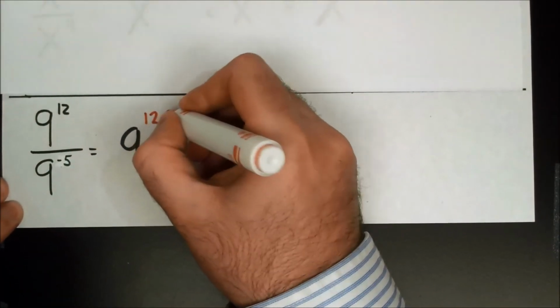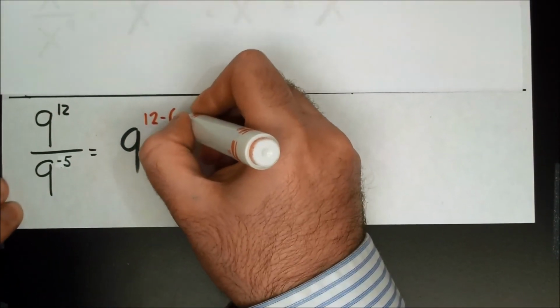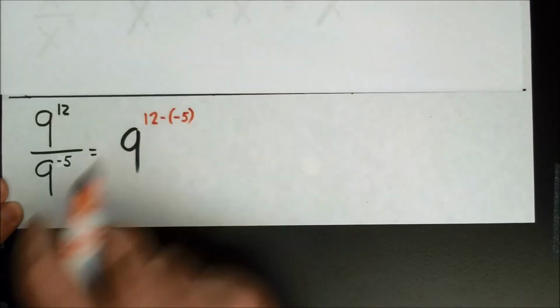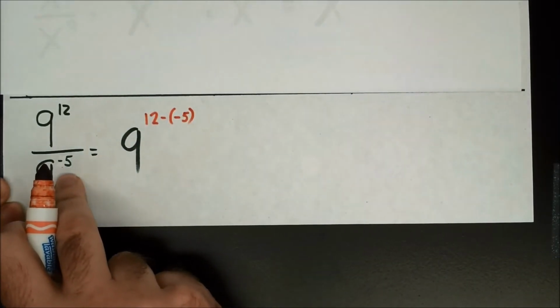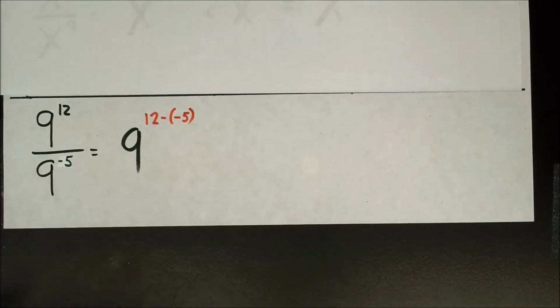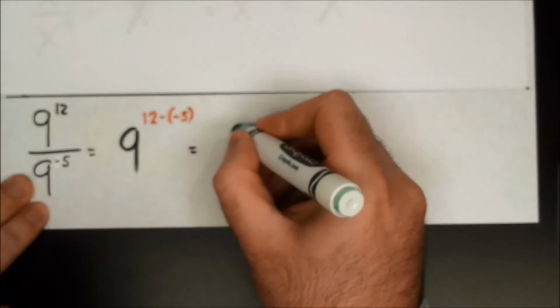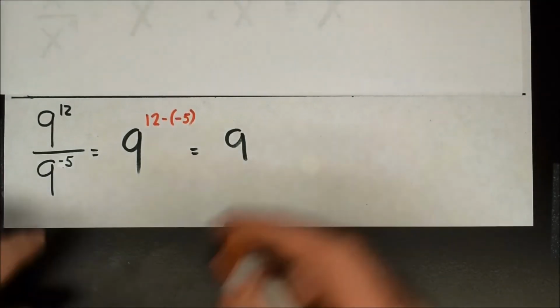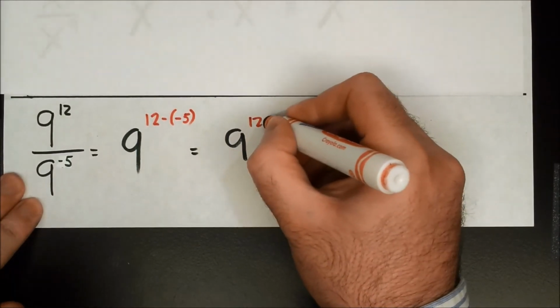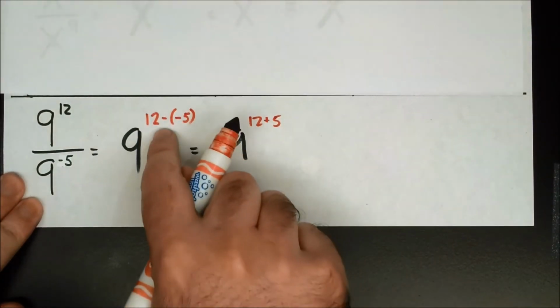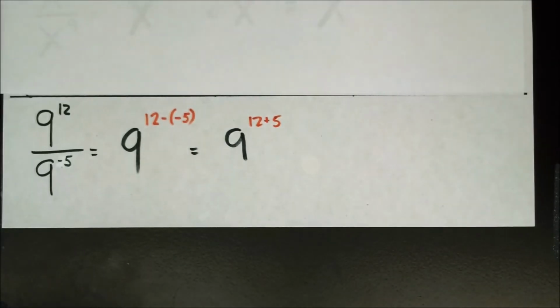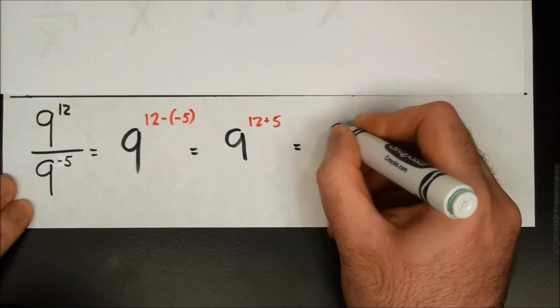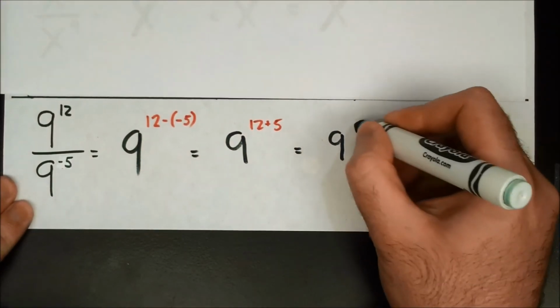So 12 minus a negative 5. It's not 12 minus 5 because that would mean this 5 was positive to begin with. It's not. Alright. That is the same as 12 plus 5, because negative and negative turns into positive, which is the same as 9 to the 17th power.